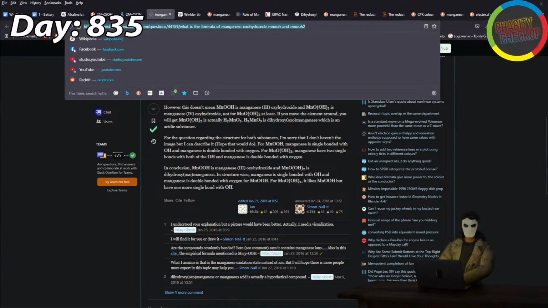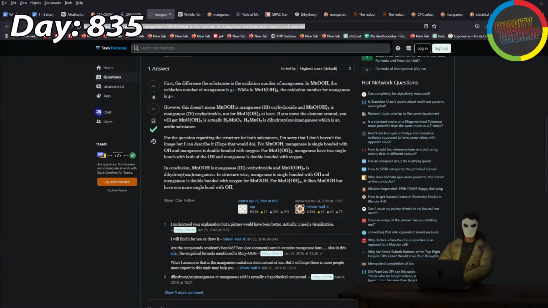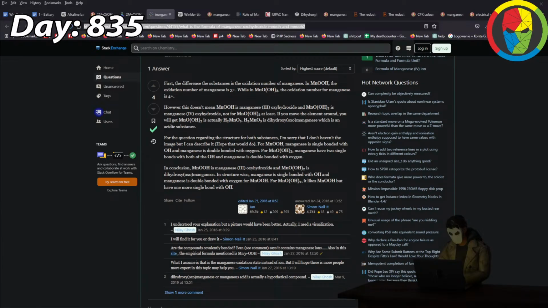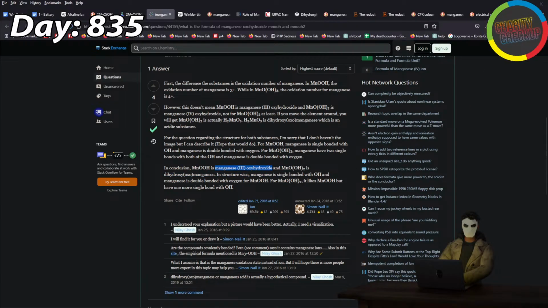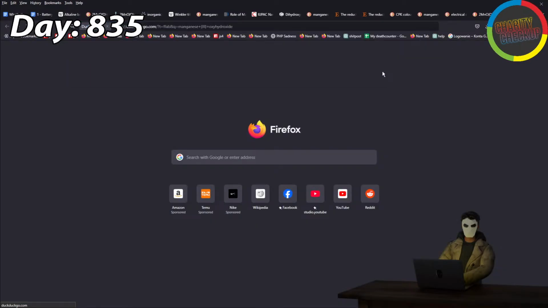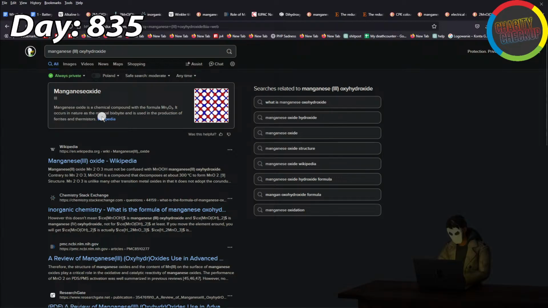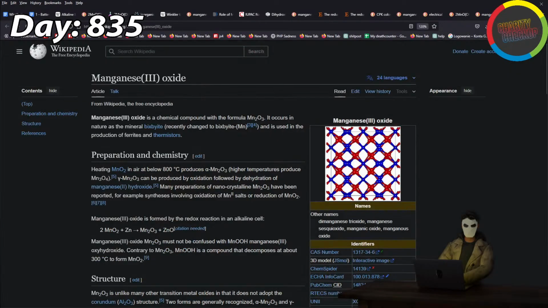Send me the article. Here it is. Manganese-free oxyhydroxide. I do believe that's the one we're looking for, but let's check. Manganese oxide free?